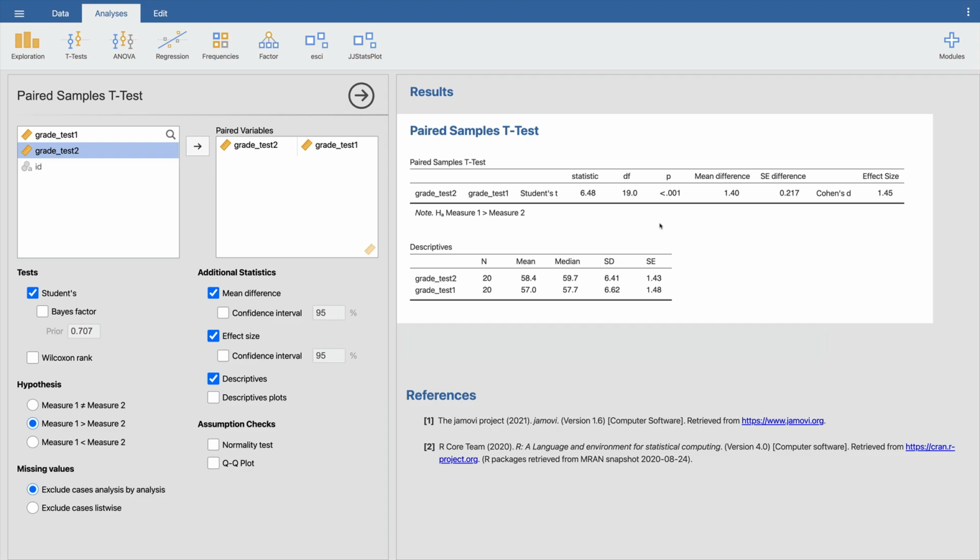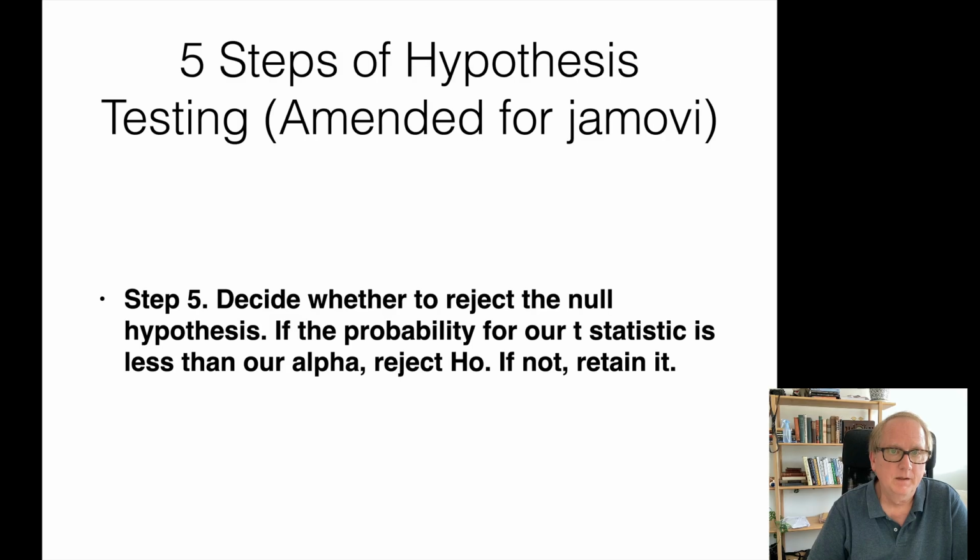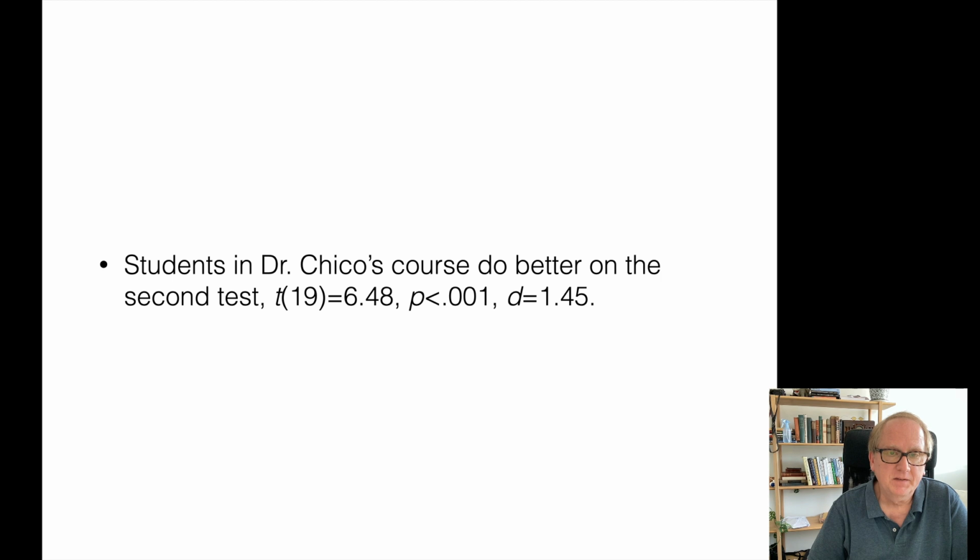With our hypothesis testing, coming back to our 5 steps, number 5 is to decide whether to reject the null hypothesis. And it turned out that yes, the probability of our t statistic was definitely below 0.05. In fact, it was below 0.001. So we can reject our H0. And you can see here that it says students in Dr. Chico's course do better on the second test.